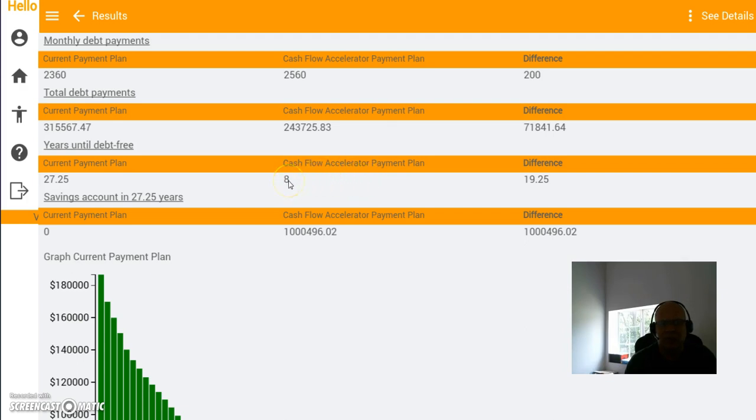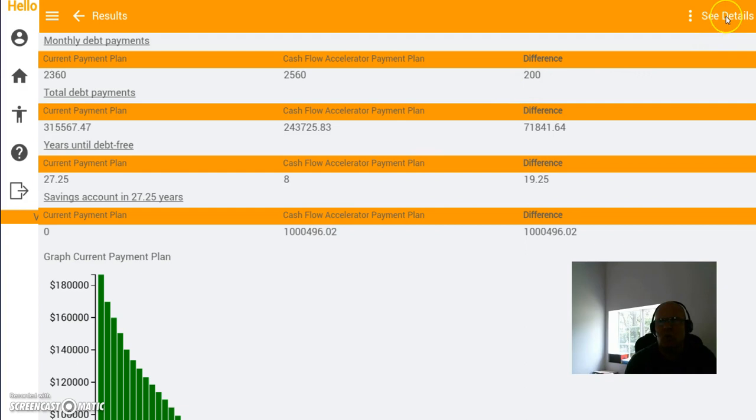Because it only takes you 8 years, you have 19.25 years more than it would have taken you to get out of debt, that you are able to build a savings account or a nest egg. And in this example, at a modest 5% return, you would have just over $1 million saved.